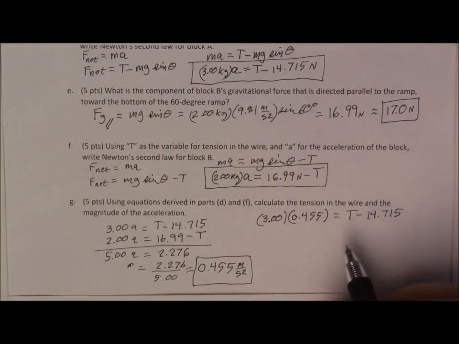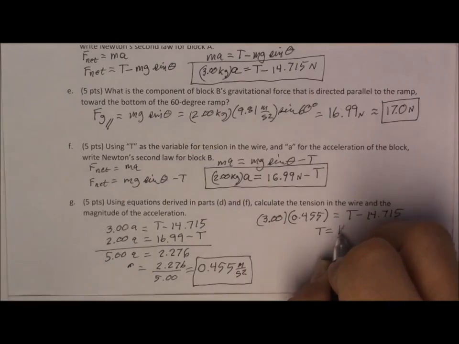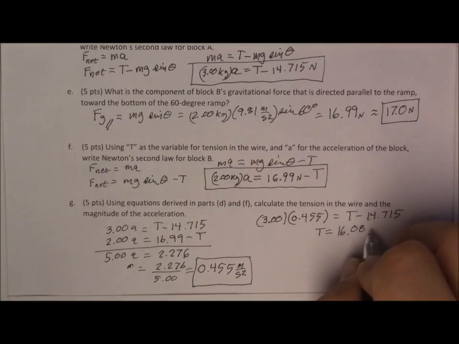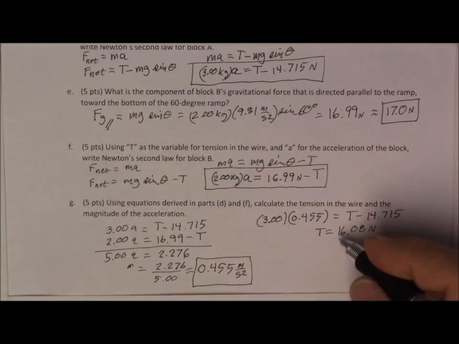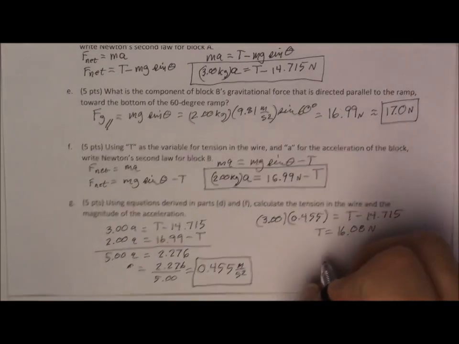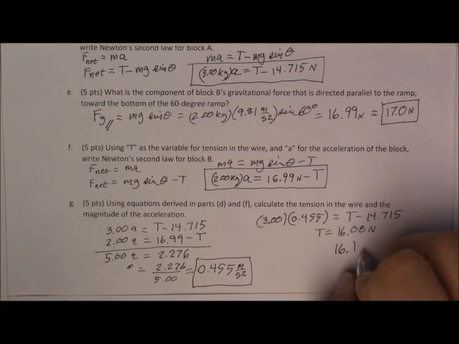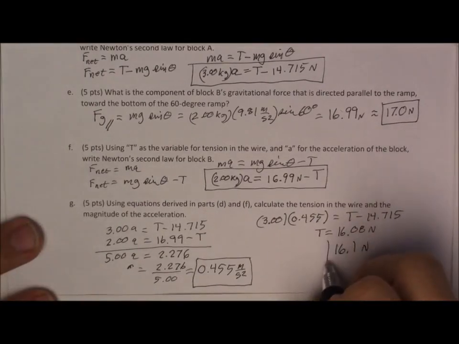If you solve that for T, tension, you will get T equal to 16.08 newtons, positive number, which is always a good thing for tension, and we'll round that to three significant figures, 16.1 newtons. The end.